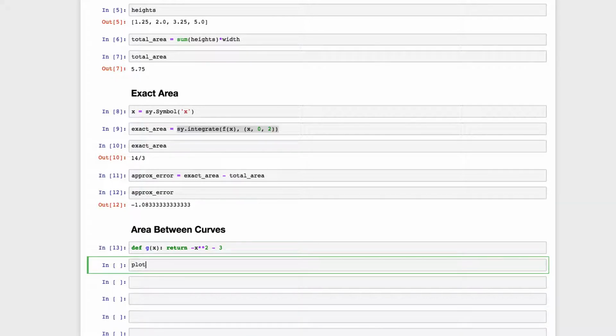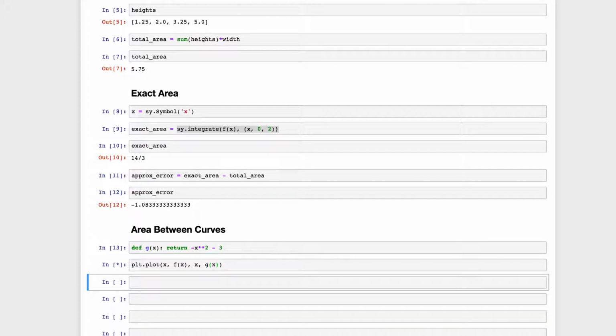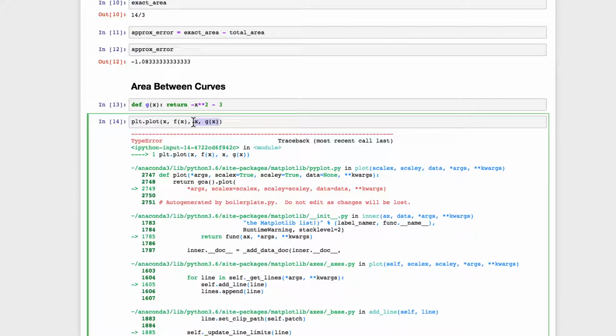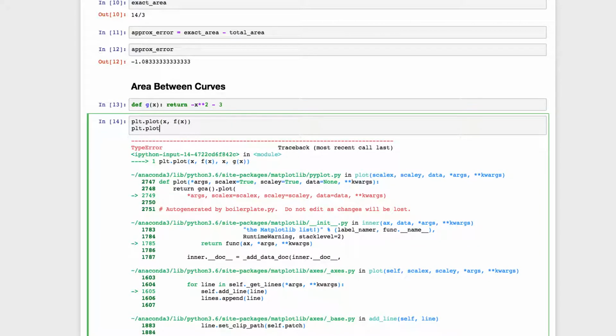And let's take a look at how this looks with f of x and g of x together. And what's happening here is I forgot to change x back to a number. We care about it from 0 to 2.